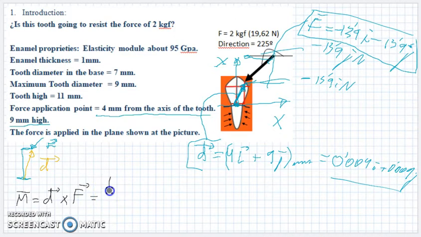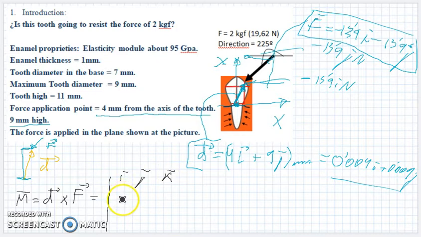So, you remember what I explained in the slides. We have to put i, j, k. This is because the moment is another vector which is going to be placed in the z-axis in 3D. But for us, don't panic, because all the moments are going to be placed on the k. So for us, no axis.